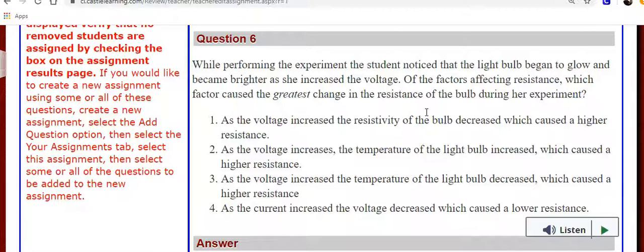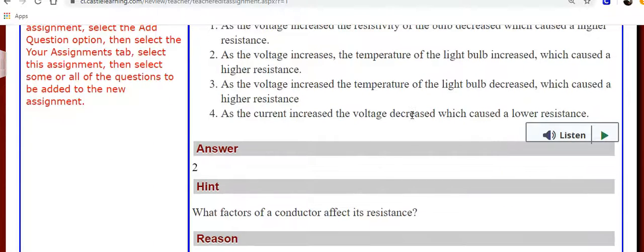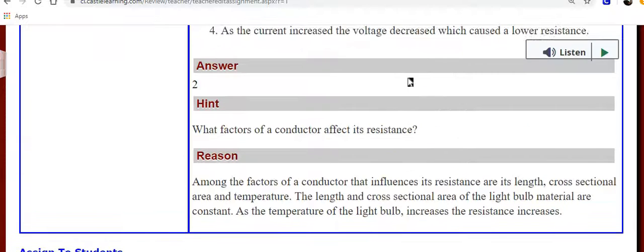Which factor caused the greatest change in the resistance of the light bulb during her experiment? And the answer is 2. As the voltage increased, the temperature of the light bulb increased, which caused a higher resistance. So let's just take a look right here at the reason. Among the factors of a conductor that influences its resistance are the length, cross-sectional area, and temperature.